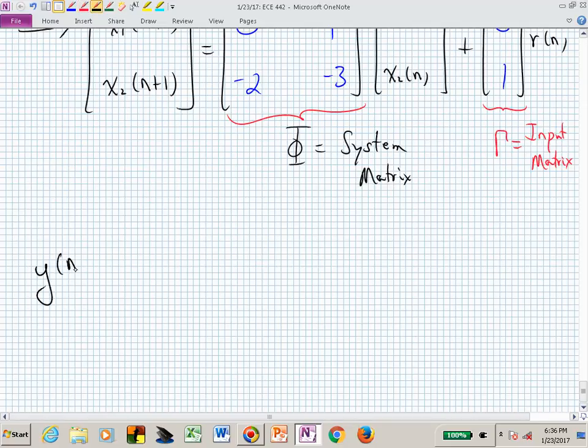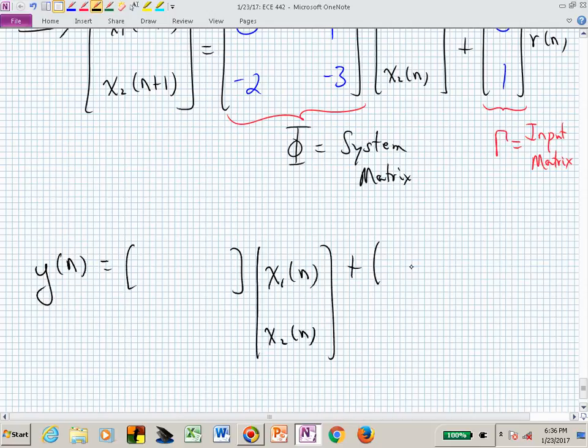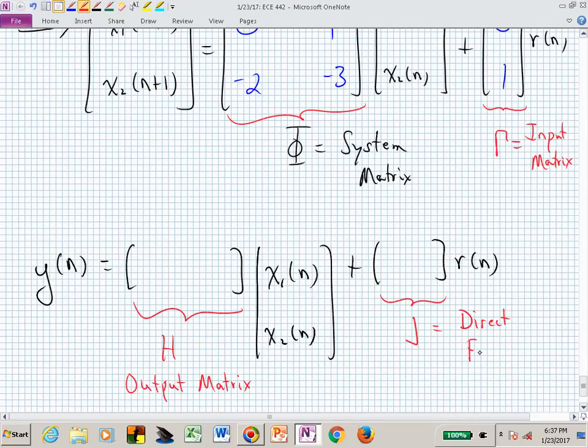Y of n is now some linear combination of our state vectors at the current time n plus, in general, some direct feed-through of the input r. This we will call, just to mix it up a little, our output matrix. Let's call that H. And let's call this J. This is our direct feed-through matrix.